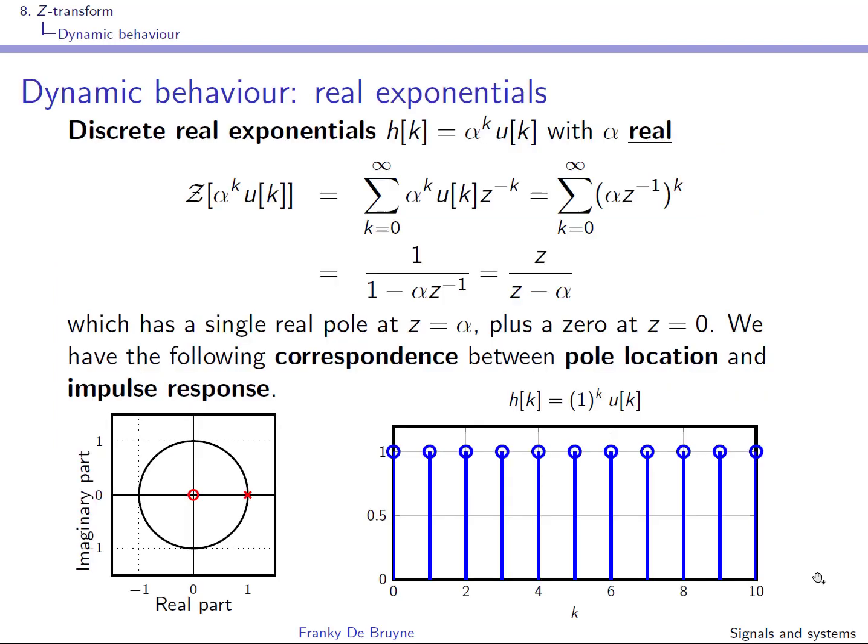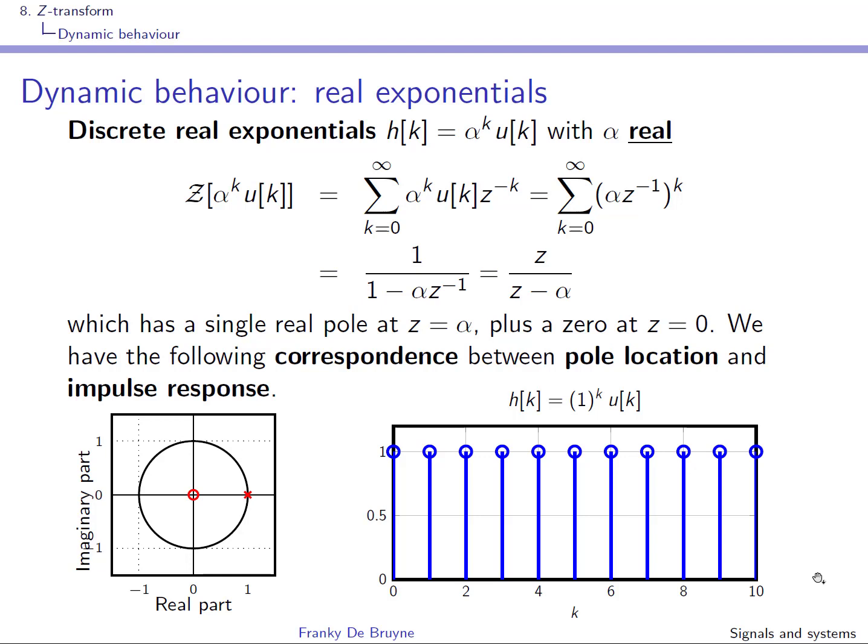So what we do here is look at the dynamical behavior of systems with an impulse response that is a discrete real exponential. So alpha is real over here, and we look at the corresponding pole location of the transfer function.